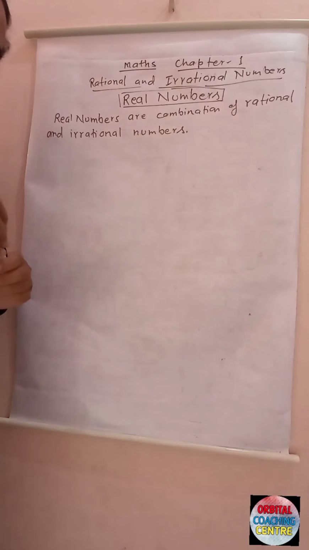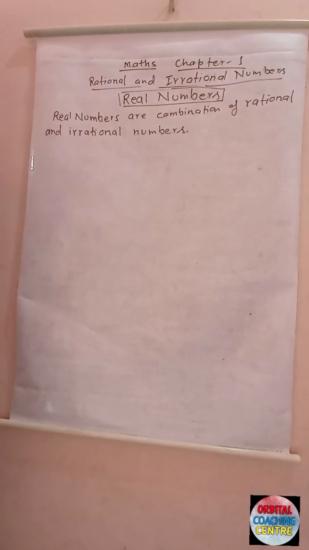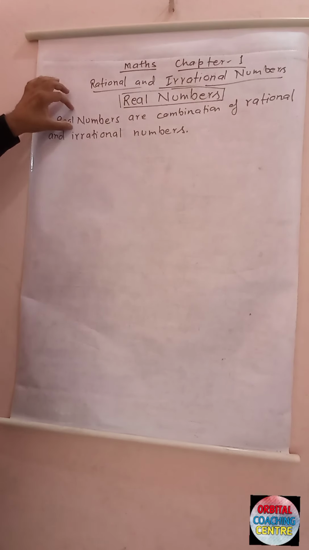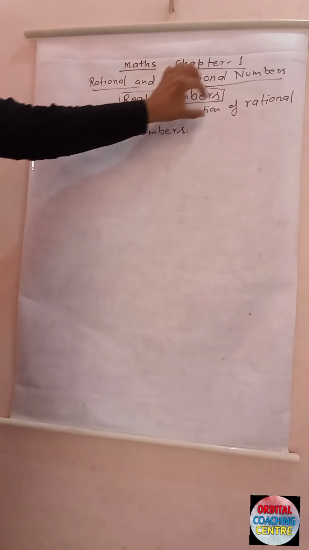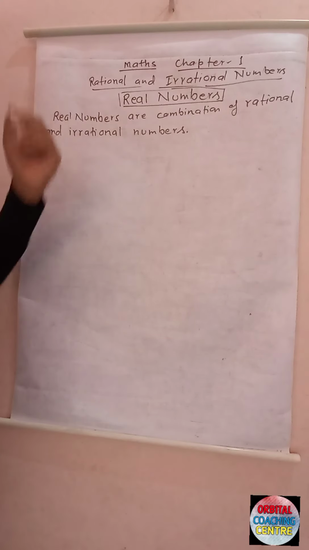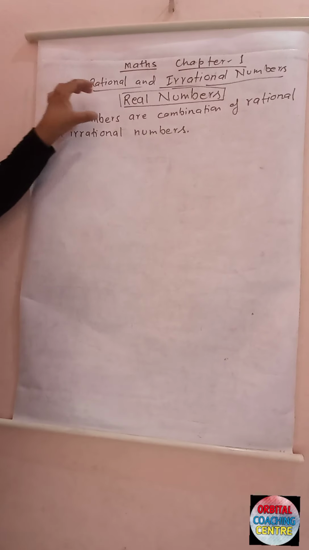It means when all the rational numbers and irrational numbers are combined, then real numbers are formed.